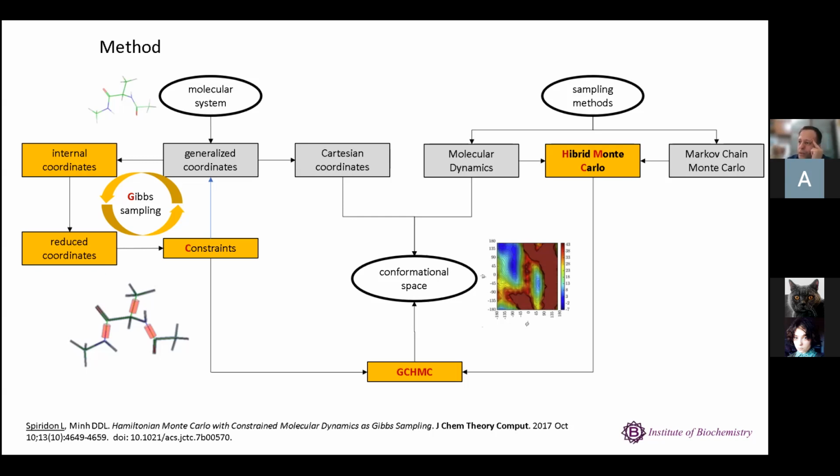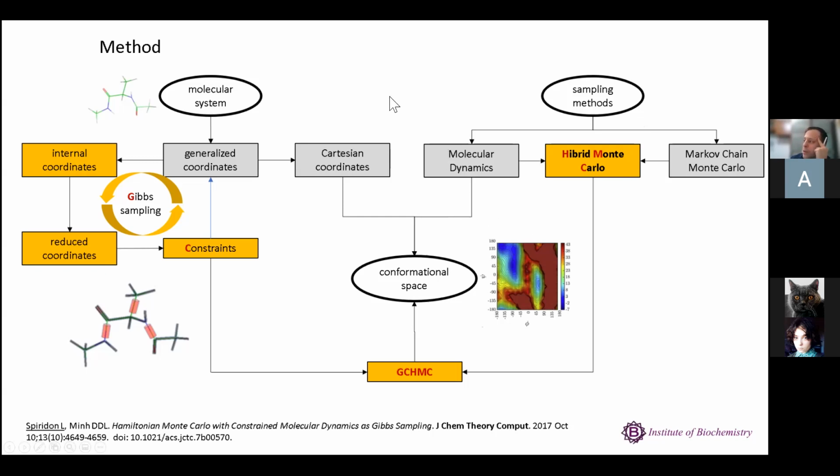The most popular scheme that we use is to sample all the internal coordinates, and then only the torsions, and then all the coordinates, and then the torsions, and so on. The way we do this in order to get the right probability distribution, which in the case of molecular systems is the Boltzmann distribution, is by doing Markov Chain Monte Carlo.